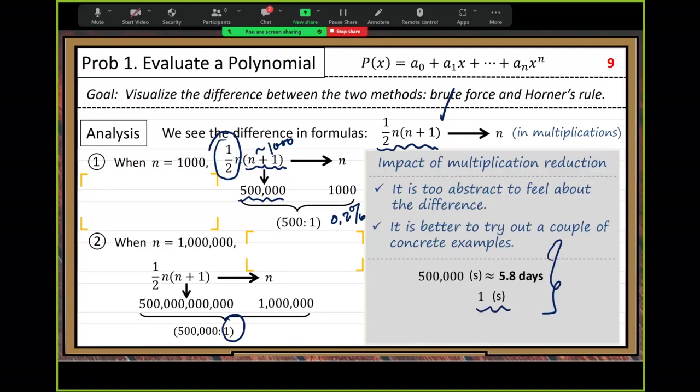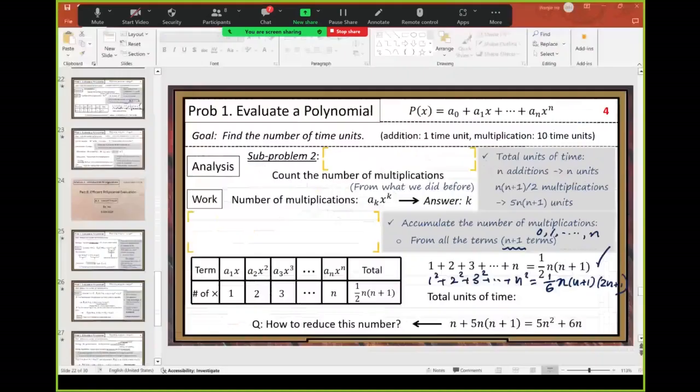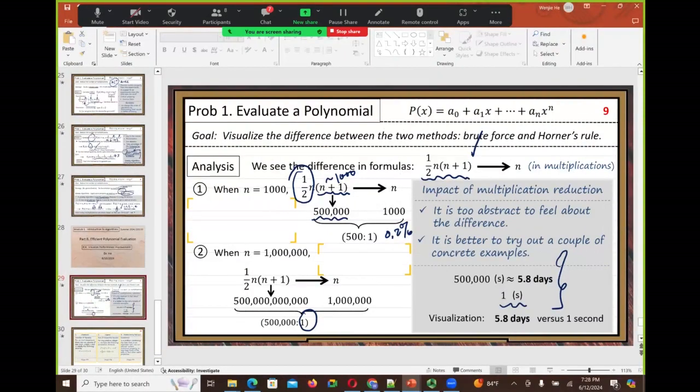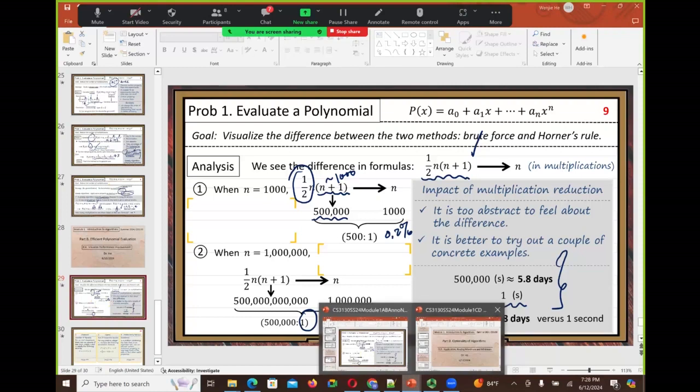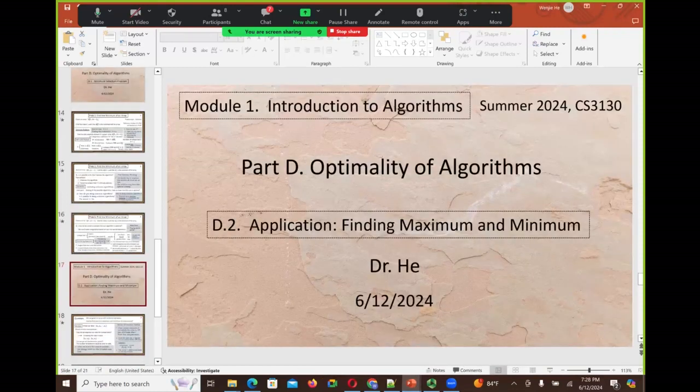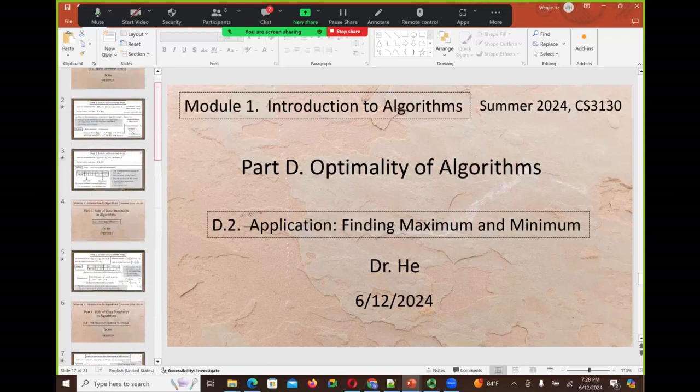All right. So let me bring up part C and D. Today, before the end of the class, we can only do one problem here.